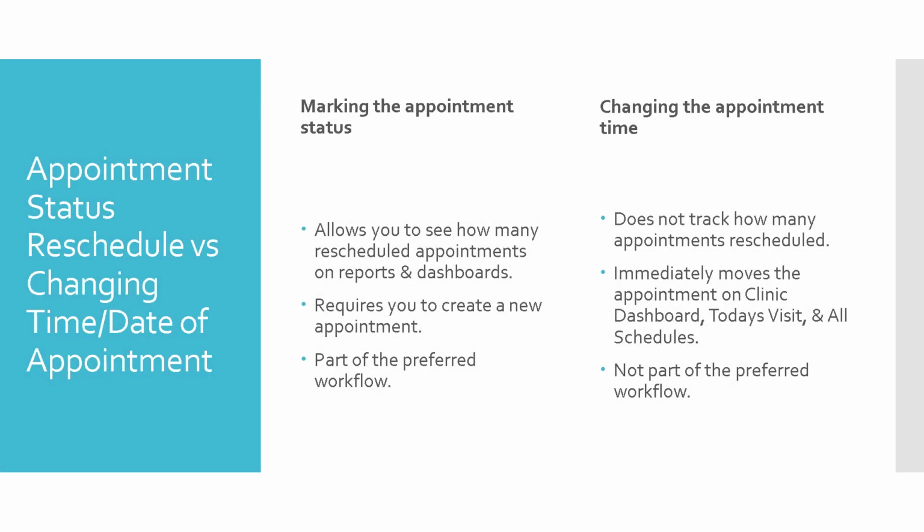Similar to the difference between deleting an appointment and marking it canceled, marking an appointment rescheduled lets you track how many times a patient reschedules appointments, whereas editing the appointment details will not convey that information when you are looking at the data later on. There is no right or wrong answer with how this is done. You need to understand the difference and then make the decision as a team with how you want to reschedule or cancel appointments.